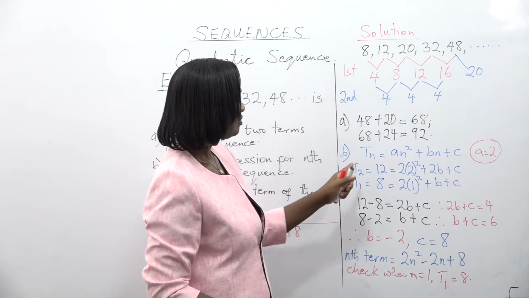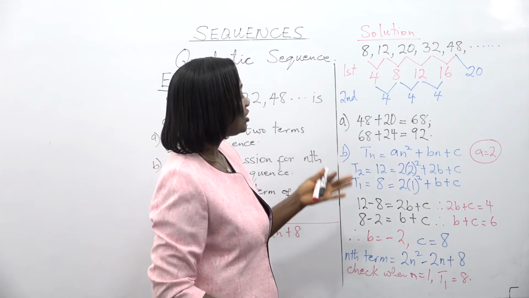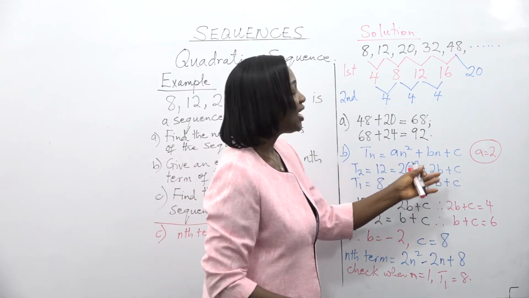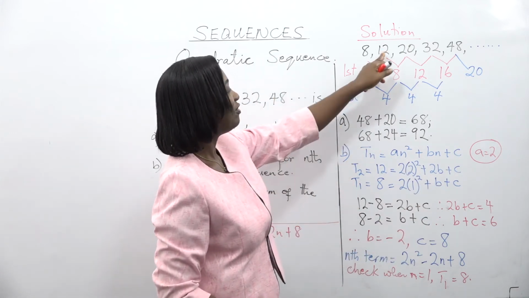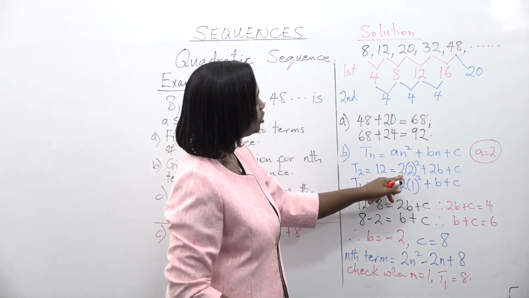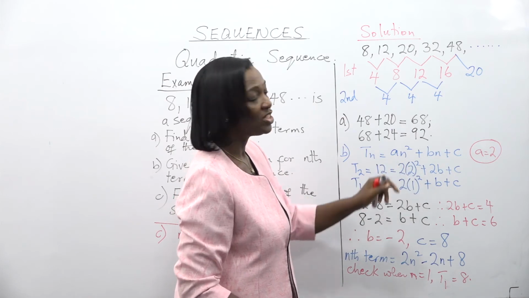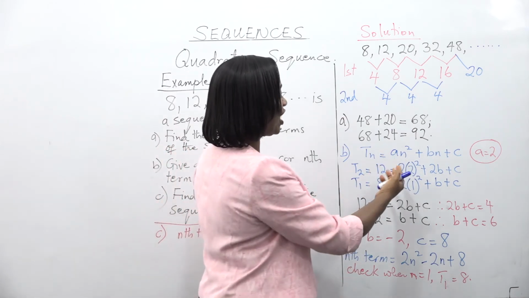Next, let's use the second term and the first term to find two simultaneous equations to solve for b and c. So T2, which is 12, the second term, will be equal to 2 times 2 squared, because n is 2. So we're substituting the value of n as 2 and the value of a as 2.